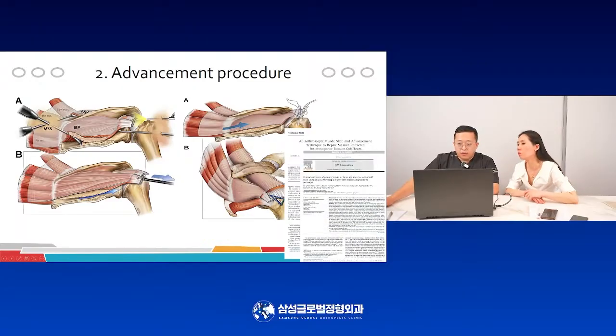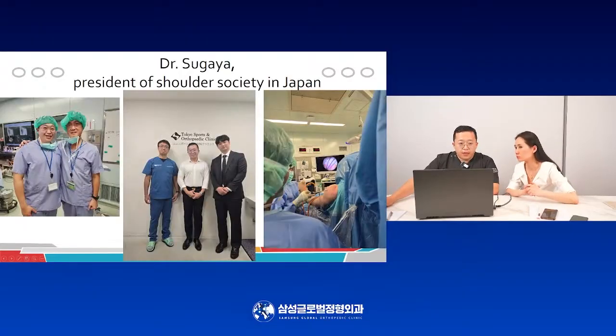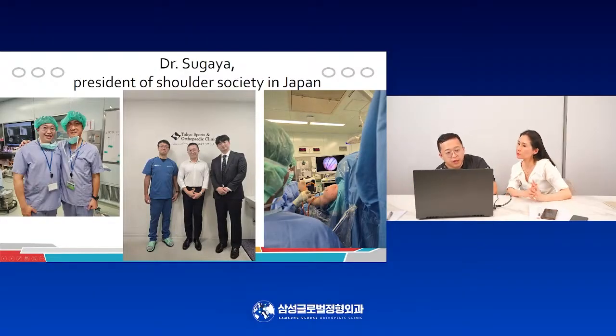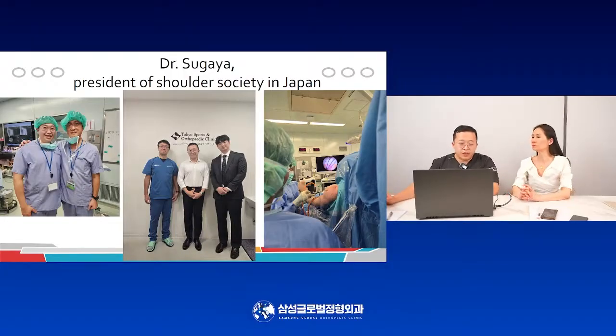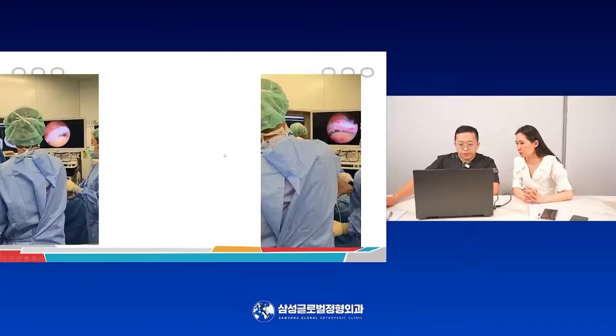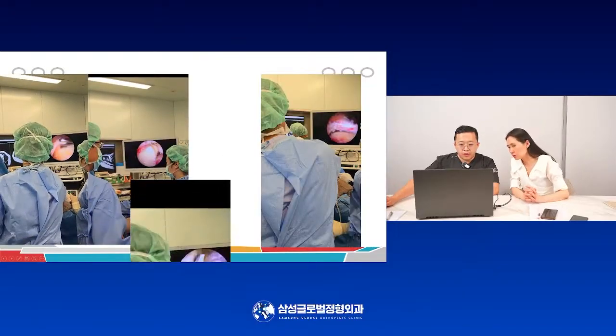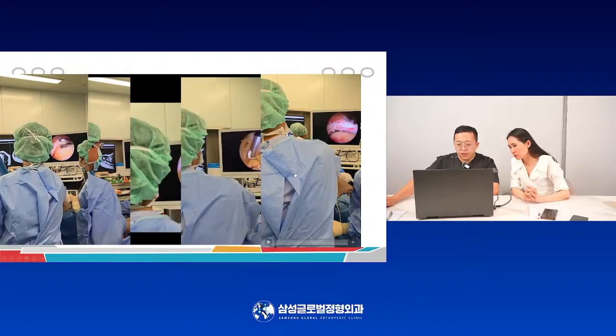Okay, so we met Dr. Sugaya in Tokyo 2 years ago. He also preferred this way. He is the president of the shoulder department in Japan, and he also agrees with the advancement. This is the advancement surgery procedure.